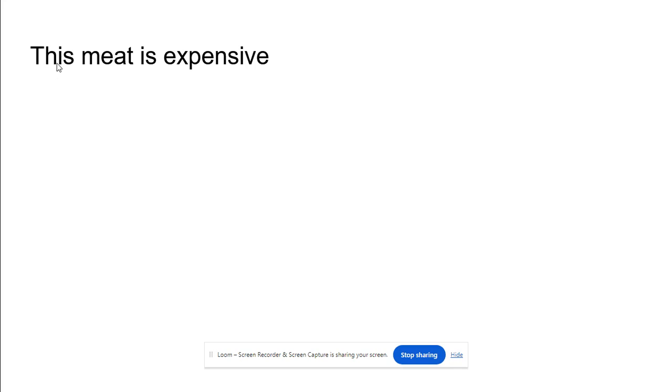This meat is expensive. Это мясо дорогое.